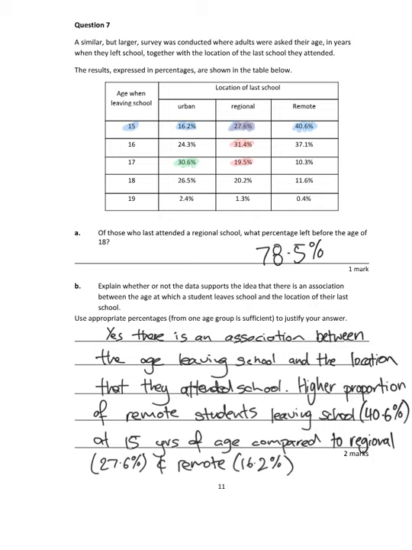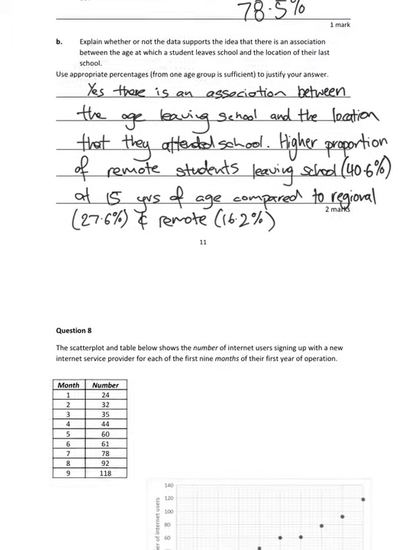We don't know if they're actually finishing school, but at 17, 18 years old. Even at just age of 17 and urban, we've got 30.6% leaving school, 19.5% for regional, and 10.3% for remote. Comparing urban to remote, it's not as big a difference, but there is a 20% difference there in the percentages.